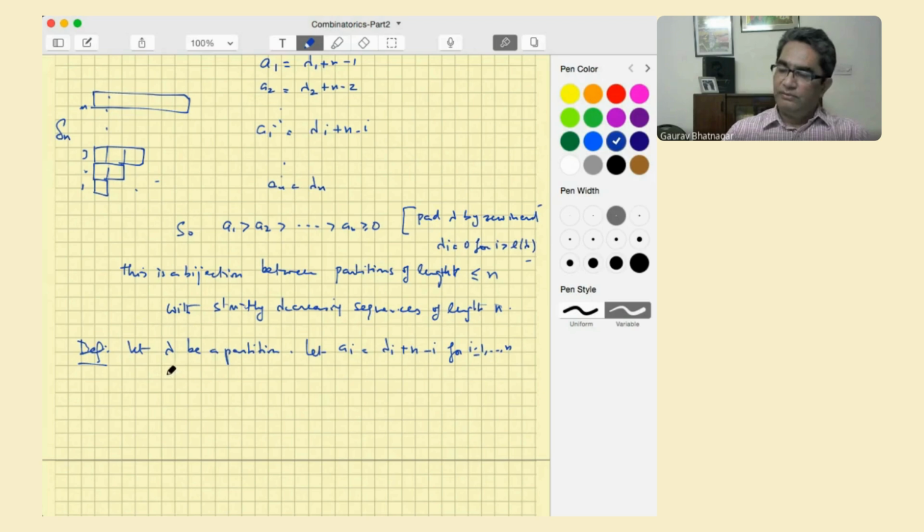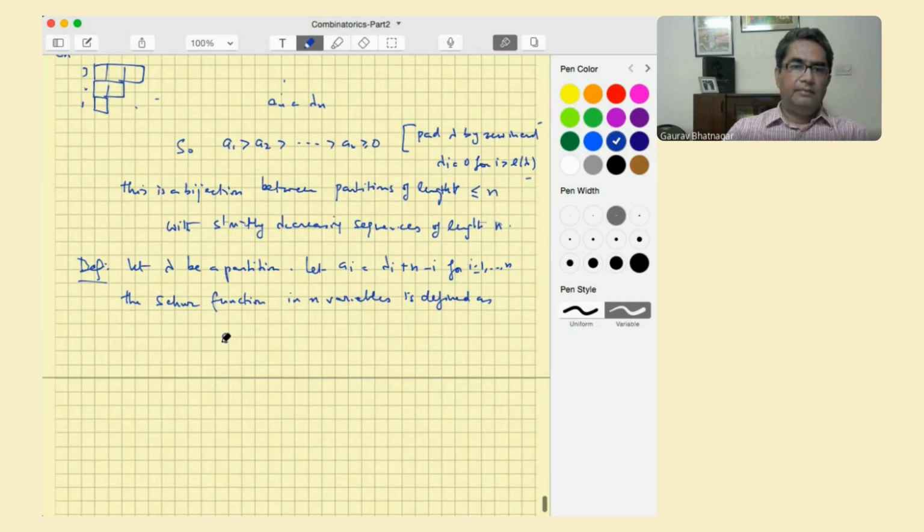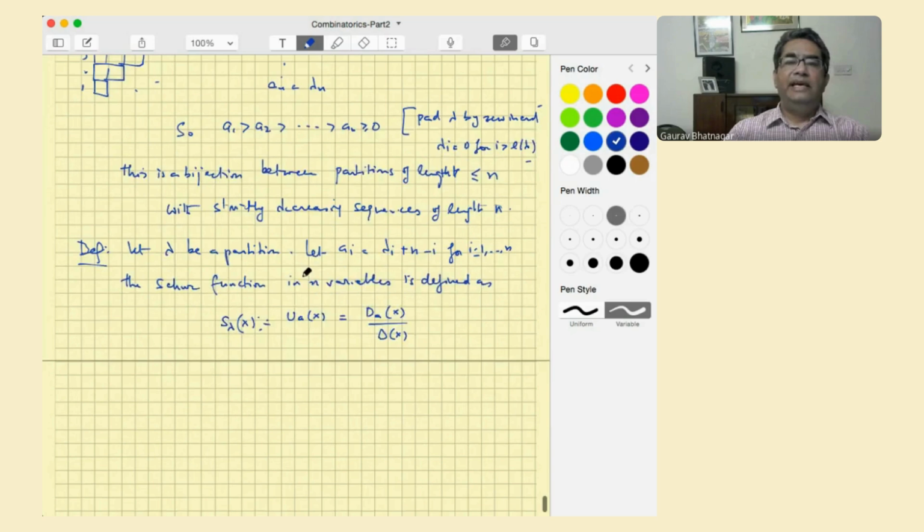So the Schur function in n variables is defined as s_lambda(x) equal to a_lambda of x over delta of x, with a's as above.